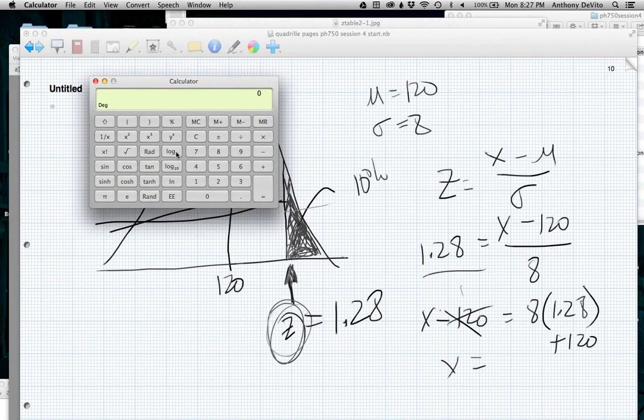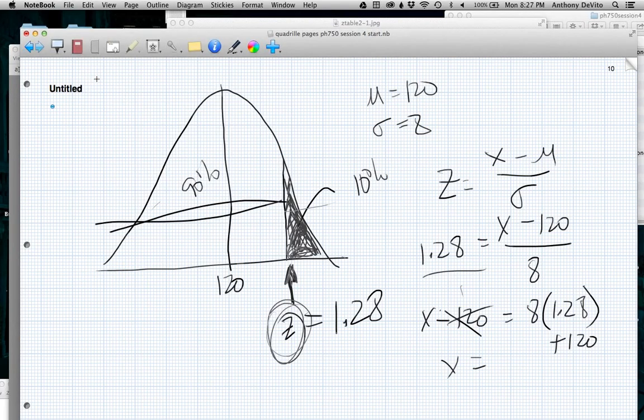I'm going to do it with you. 1.28 times 8 plus 120 is equal to 130.24. Okay, so that's only three significant digits, so I'll just call it 130.